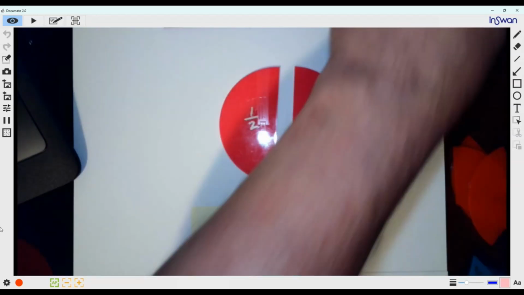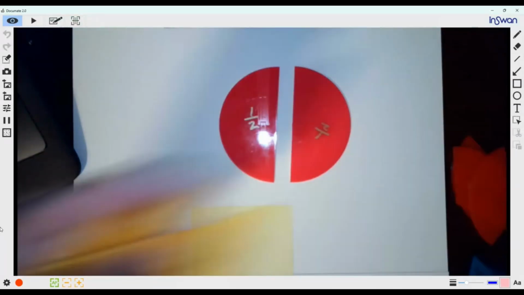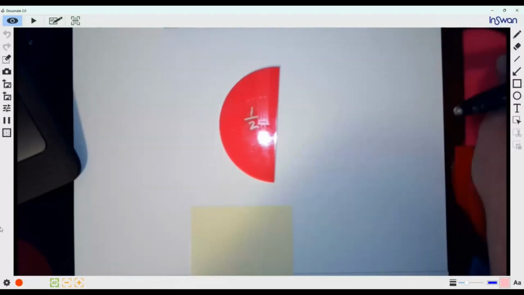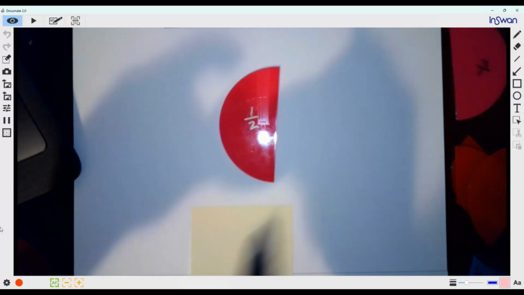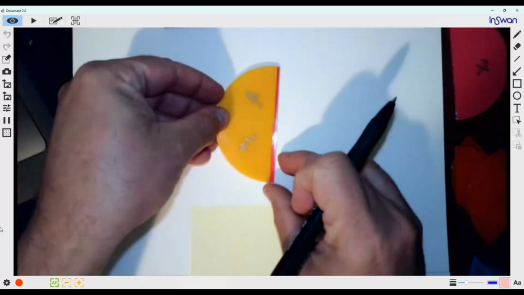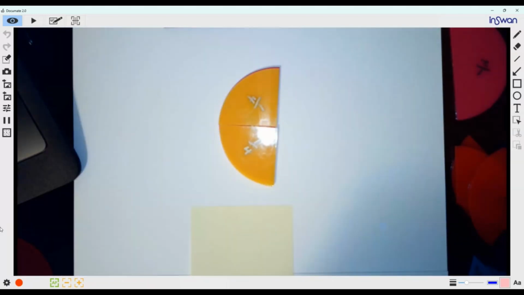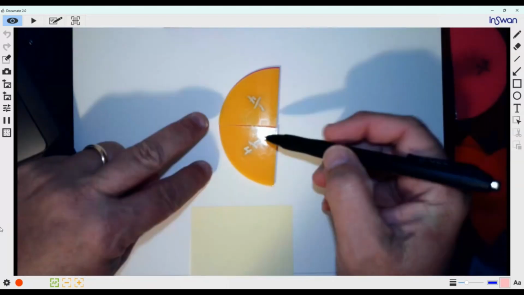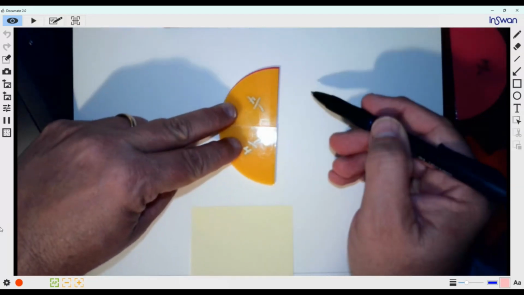So I could take those two halves, and I'm going to take one of those away. But if I took one of the halves and broke it up into half, and this is really what we've been doing with some of those warm-up exercises that I've had you do, then we know that each of these pieces is a fourth of the whole circle.